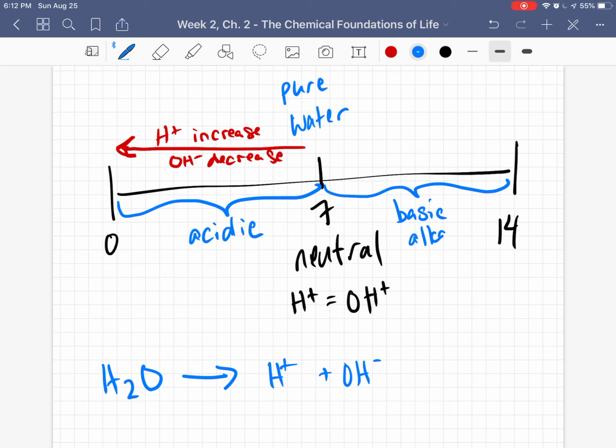You may also have heard the term alkaline. All right. As you move from 7 to 14, hydroxide ions increase, hydrogen ions decrease.